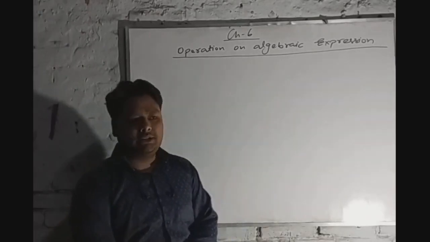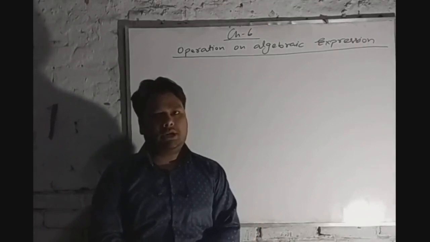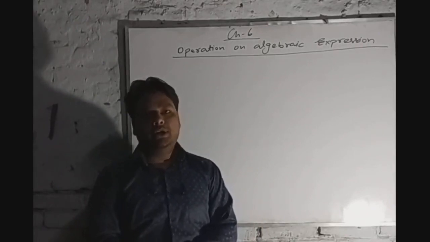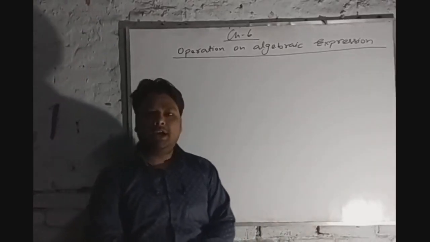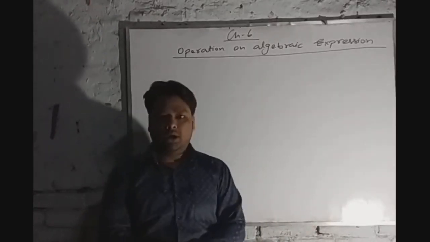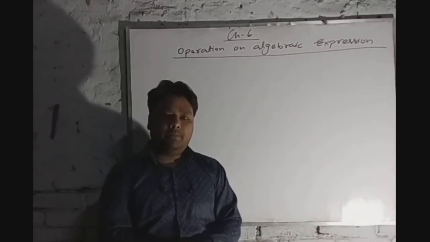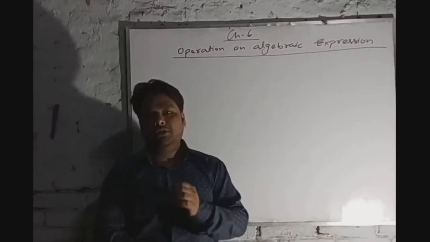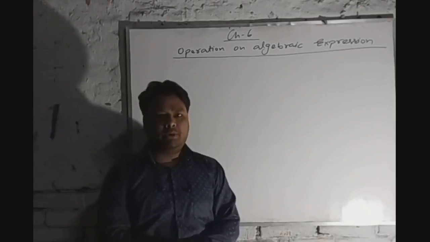As I said, there are two methods: the first is the column method and the second is the linear method. In my fourth video we discussed how to divide a polynomial by a binomial by the long division method. So let's do some more examples.